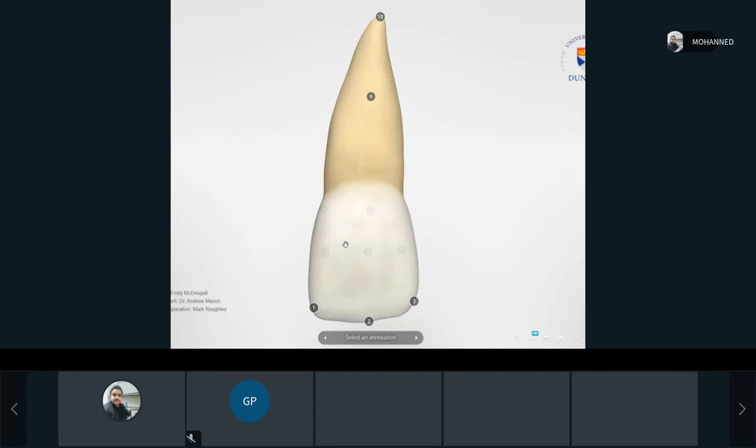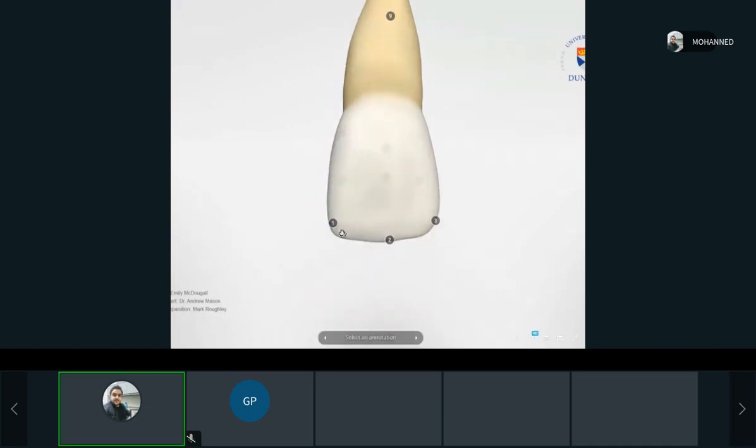Okay. So now let's talk specifically about the maxillary central incisor, this one. One of the main things is that it is the widest of all of the anterior teeth. So the maxillary central incisor is the widest, because the other ones, the lateral and the canine, are not as wide as it is. One other thing that we can notice is the angle here, the angle of the incisal and the mesial side.